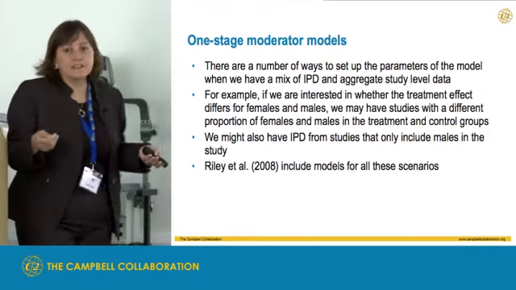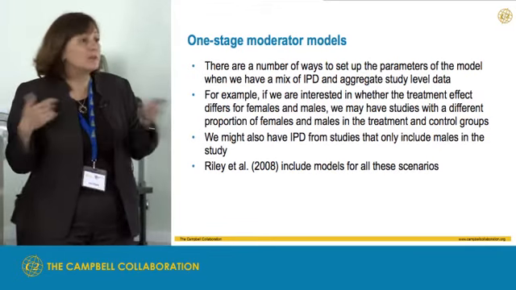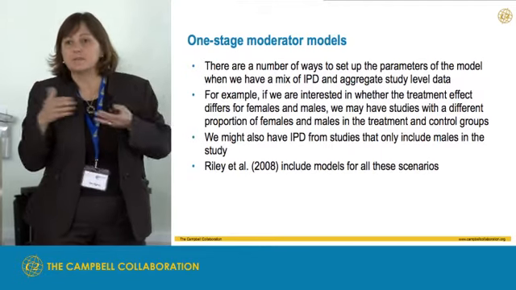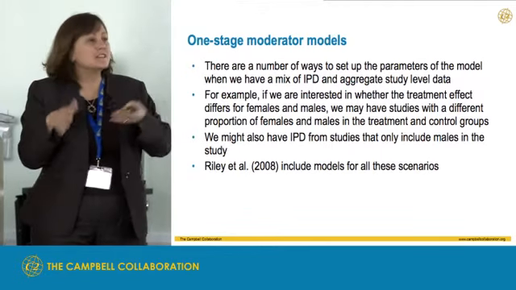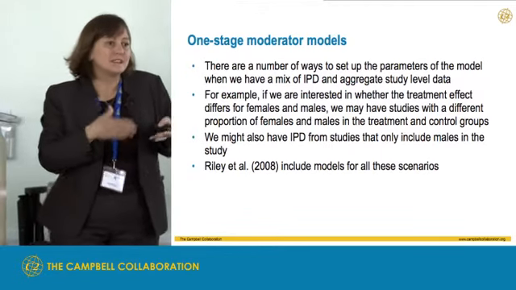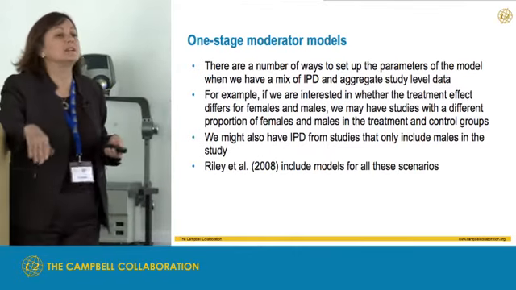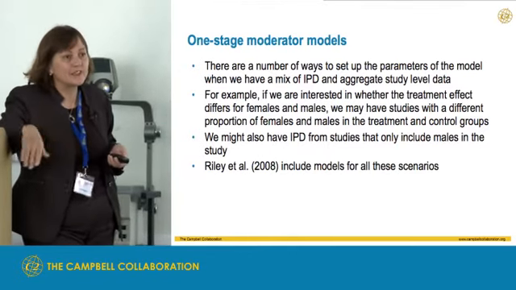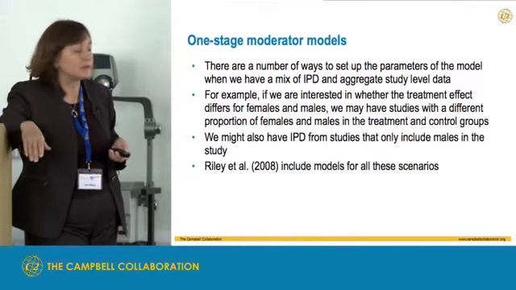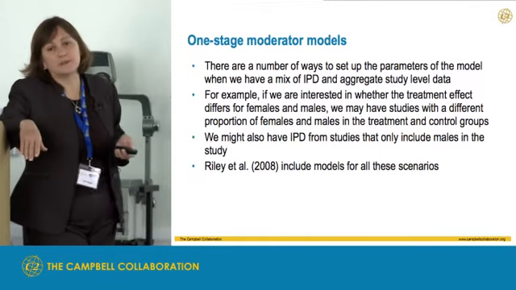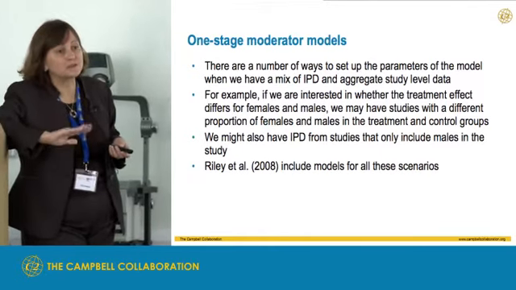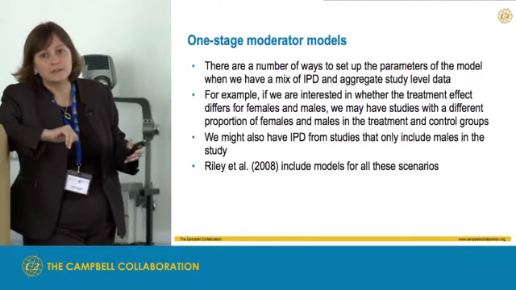We might have studies from IPD that only have males or only have females, and we need a bunch of different parameters for that. So there are a lot of modeling tricks here that we need to put in when we don't have that kind of balance, or we have issues around the kinds of data we get from the IPD and the kinds of models we want to estimate at the study level.